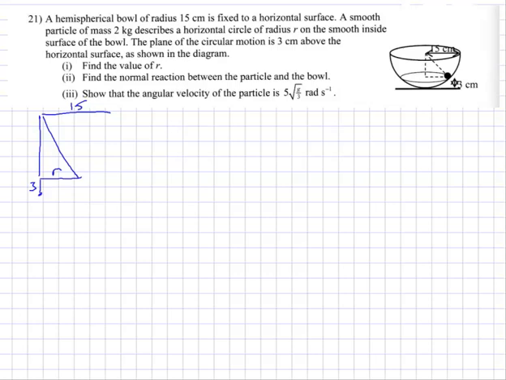So looking for r, the radius of the bowl is 15. So the string is of length 15, because our whole idea is in this hemispherical bowl, this string should be able to touch every single part of the bowl.